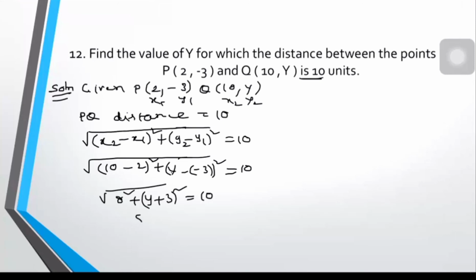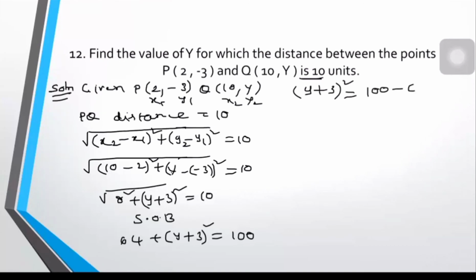Now squaring on both sides. Then it will become 64 plus (y plus 3) whole square is equal to 10 square is 100. So (y plus 3) whole square is equal to 100 minus 64, which is 36 here.